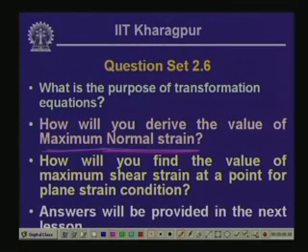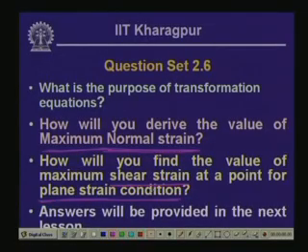Now, how will you find the value of maximum shear strain at a point for plane strain condition? This also is in a similar line with the stresses. We computed the values of maximum and minimum shear when, in a loaded structure at a particular point, we evaluated the stresses, and thereby computed the principal stresses, the shearing stresses, and the maximum and minimum shearing stresses.